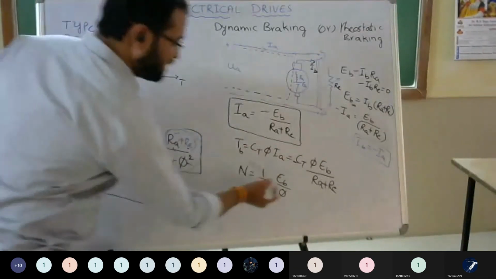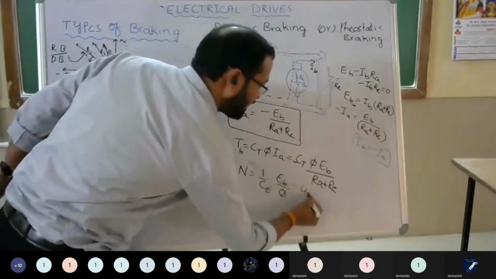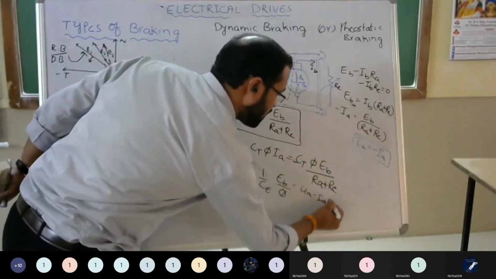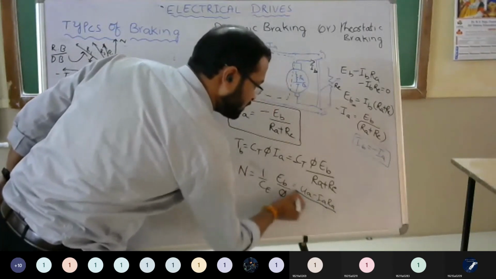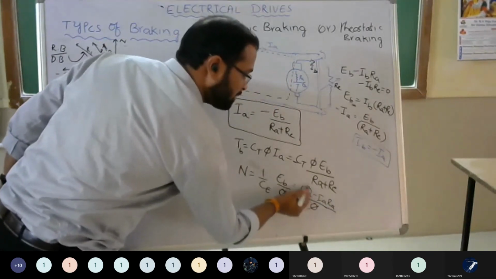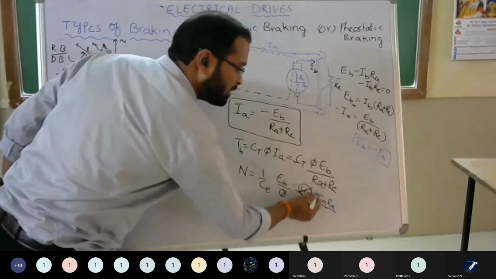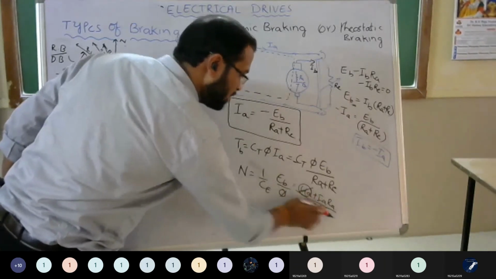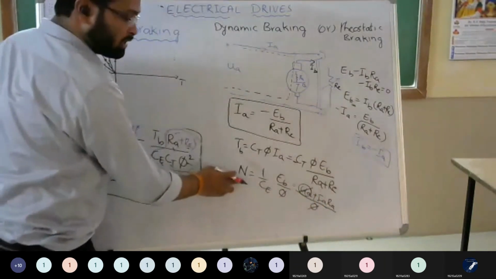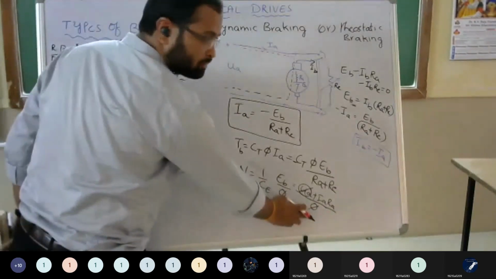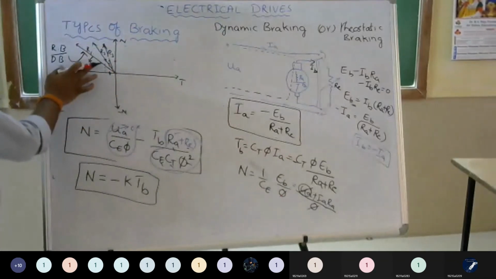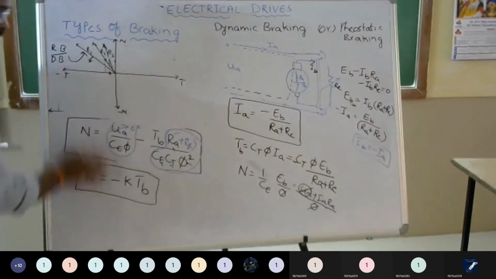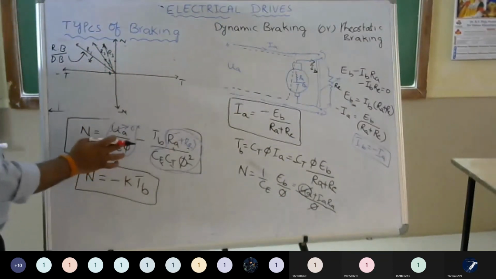Here also in the speed equation, EB you can substitute as UA minus IA into RA by phi. But UA became 0 and IA became negative. That means negative, negative, positive. So speed is positive. Here also you see speed is positive, but torque is negative, and the torque slope is this one.